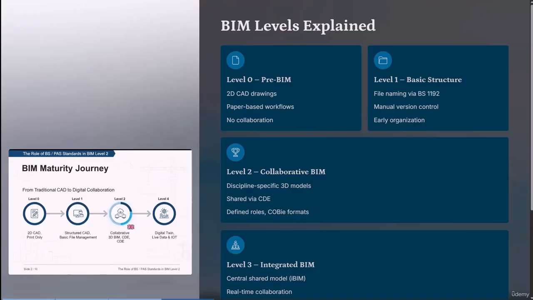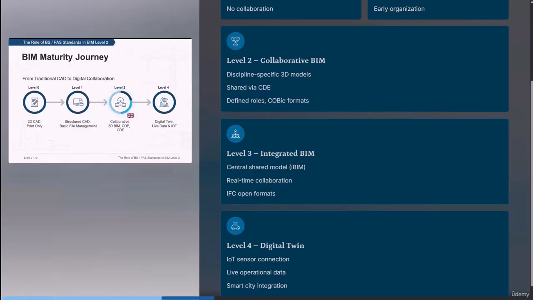But in BIM level 2, as you can see, we got collaborative BIM, discipline-specific 3D models shared via CDE, defined roles, COBie formats. Actually, here we got a collaboration between the disciplines of architecture, structure, and MEP, and also their teams. I mean, the models are separated, but they will be integrated later.